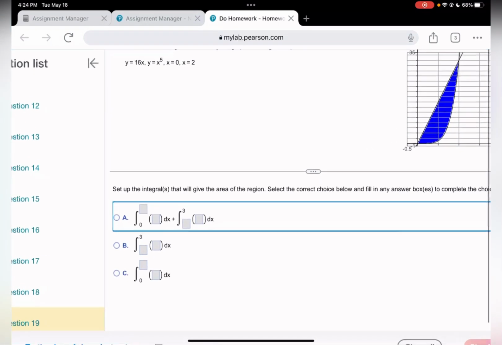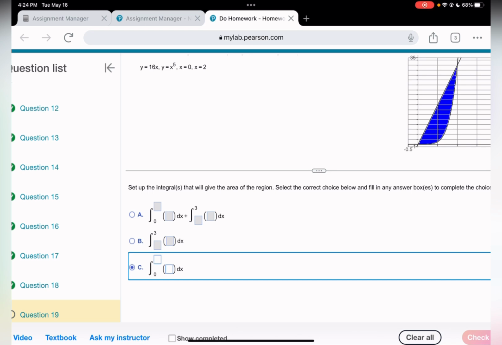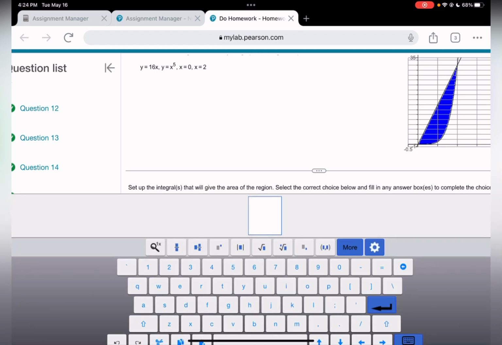Which one is it going to be? I'm going to plug this one, 0 and 2. Here I don't put this one because it's plus, I need minus, right? 0, this is going to be 2, right?